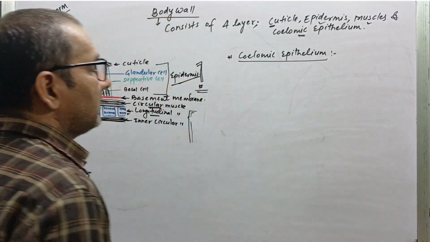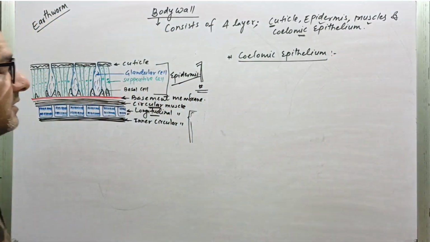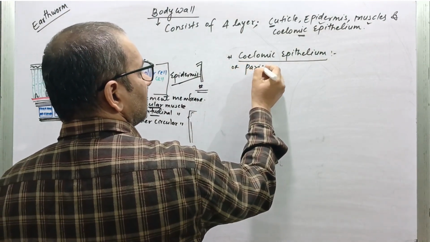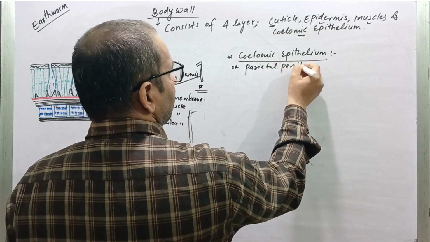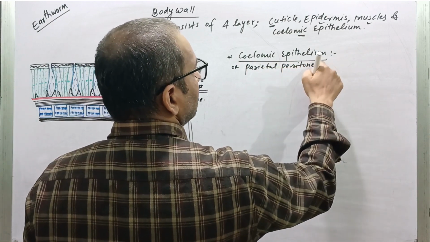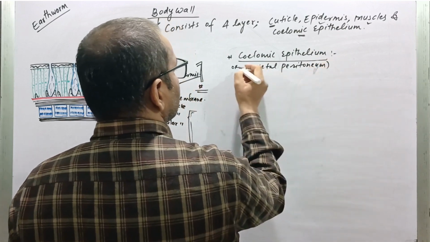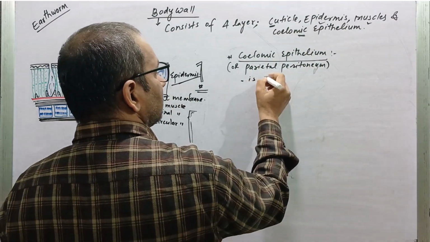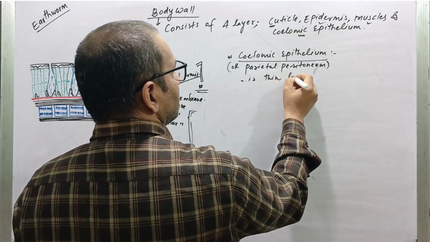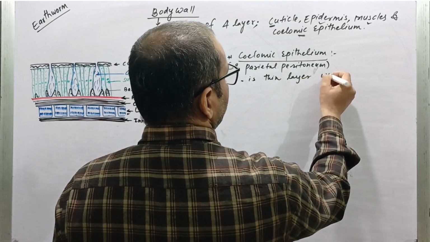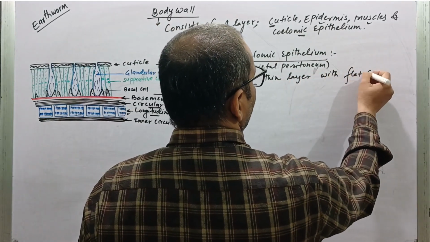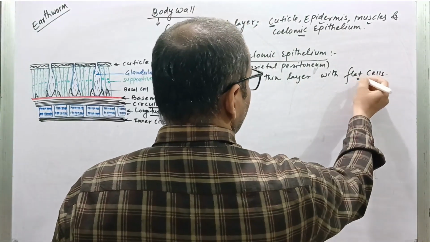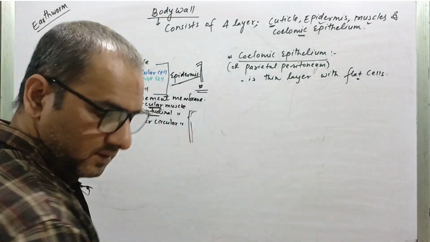The coelomic epithelium is a very thin layer, also called the parietal peritoneum, consisting of flat cells, which separates the body wall from the coelom.